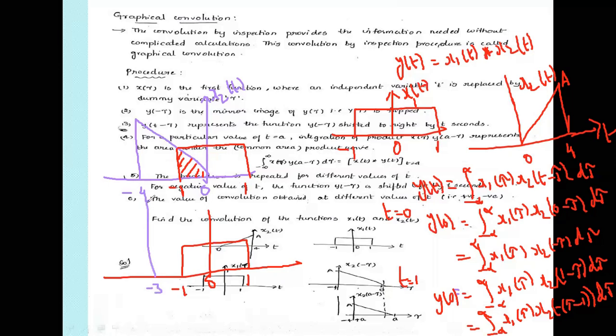It starts at minus 3 and ends at 0, also shifted by one sample. Means add 1, you get the value like this. Now the overlapping occurs here. This part is an overlap, minus 1 to 1. Previously it was minus 1 to 0, now it is minus 1 to 1.